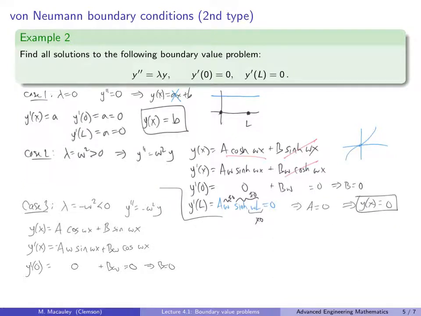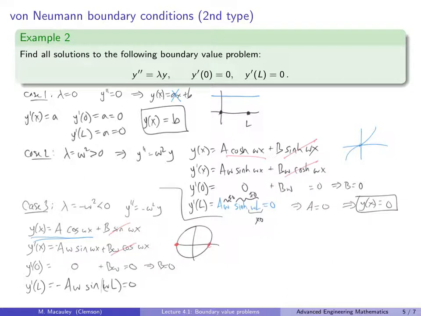So that will kill off this term and that term, and we are left with just this cosine. So now y prime of L is, so we're plugging L into here, so it's negative a omega sine of omega L equals 0. And remember, with the unit circle, if sine of something equals 0, then that something has to be equal to n pi.